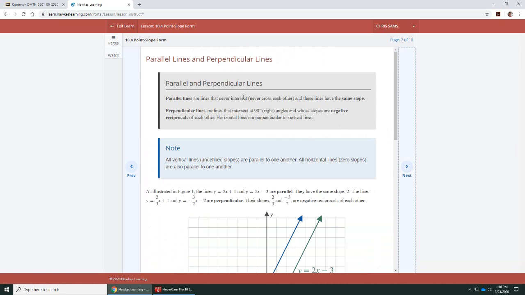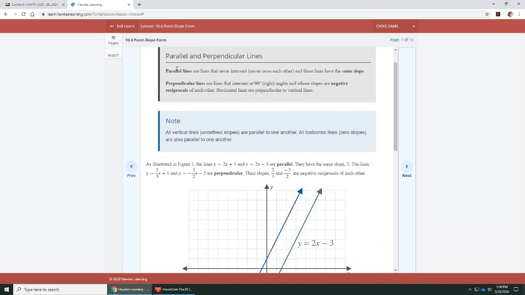And then parallel and perpendicular. Most people say parallel lines don't cross, they never intersect. It's true, but at this level, you need to understand that parallel lines have the same slope. It's here in bold. That's the most important part. That's going to help you to identify or be able to write equations of lines knowing that they have the same slope.